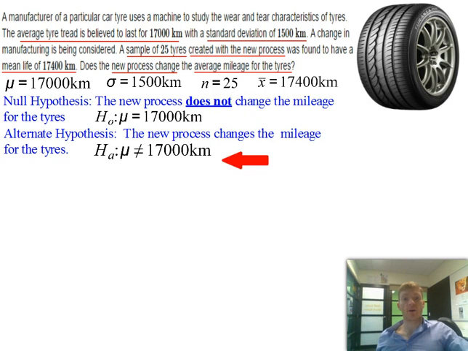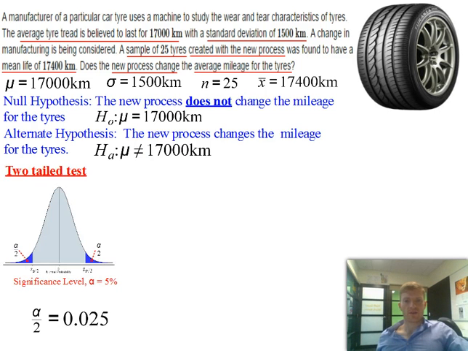The alternative hypothesis: there is a change as observed, so it's not equal to 17,000 kilometers. This identifies a two-tailed test, where the mean is not equal to some amount. So for a 5% significance level, the area of each of the two tails is 0.025.